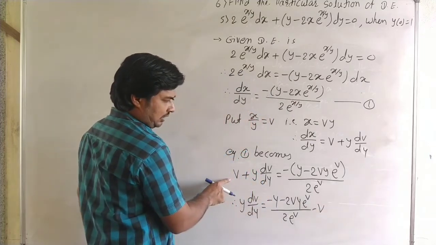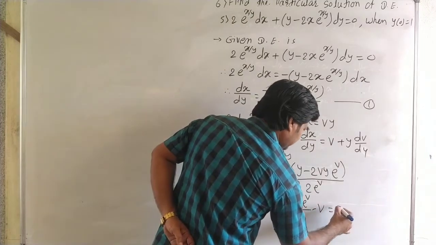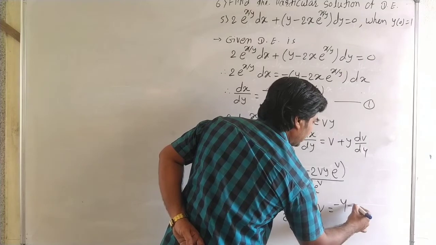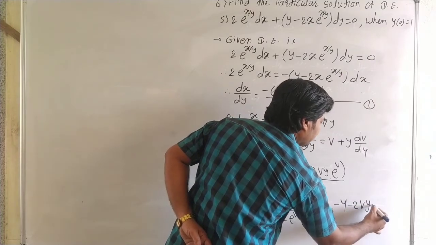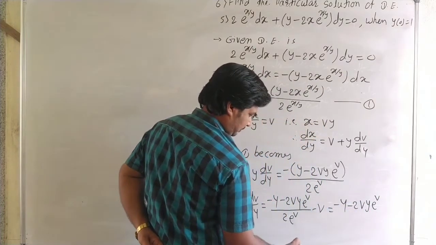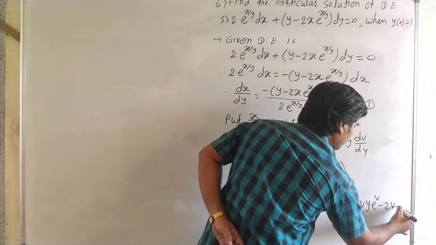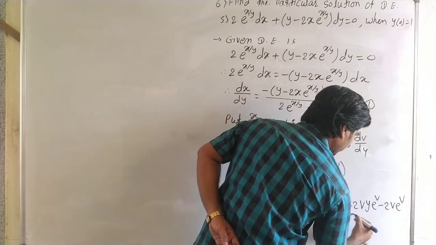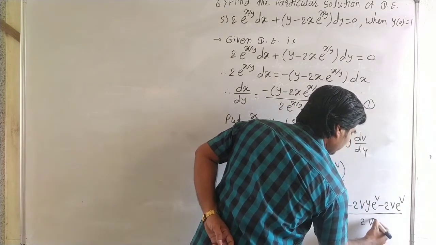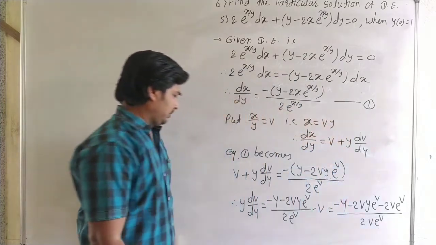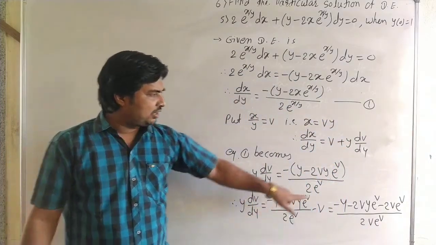Now the calculation: it is minus y minus 2vy e raised to v minus 2v e raised to v, upon 2v e raised to v. Okay. Now y dv by dy is equal to this.